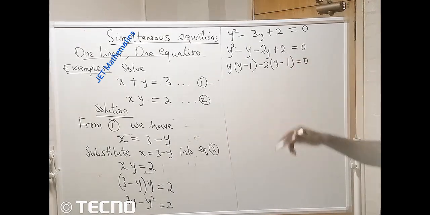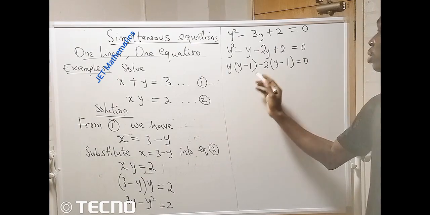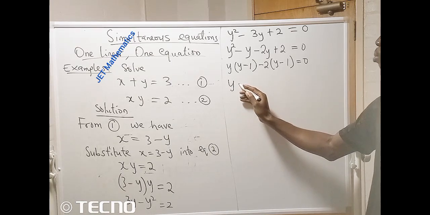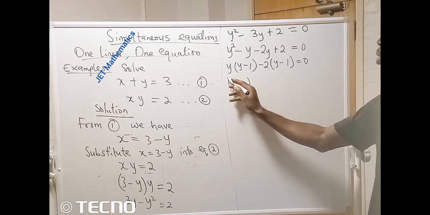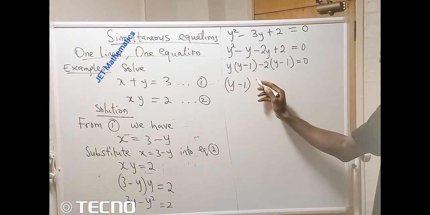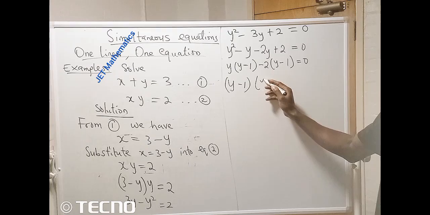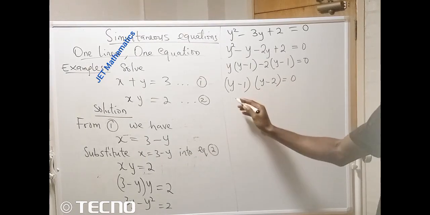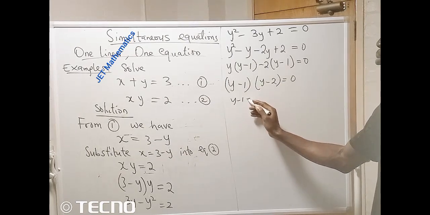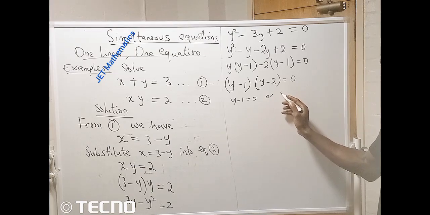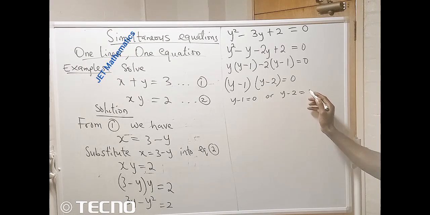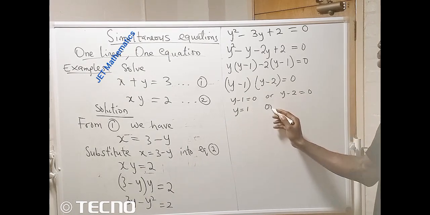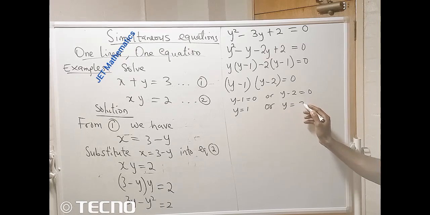From here we can say y minus 1 is equals to 0, or y minus 2 is equals to 0. So y is equals to 1, or y is equals to 2.